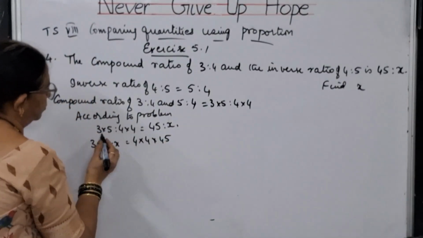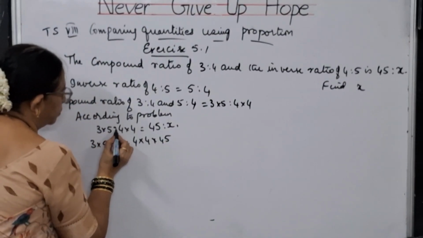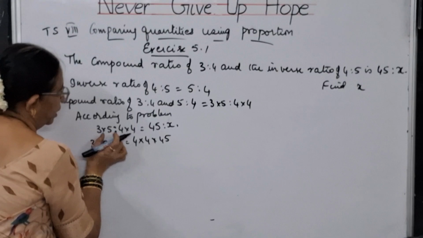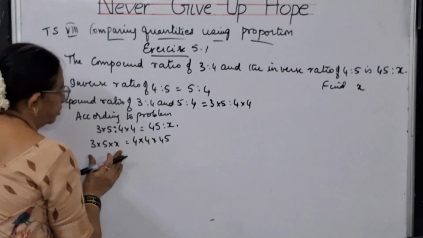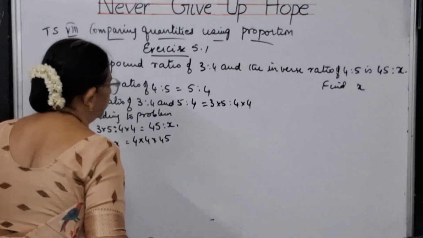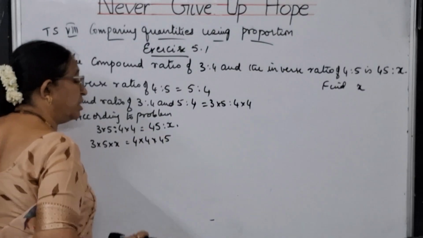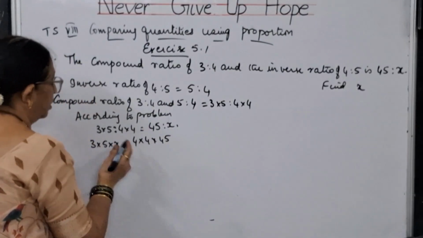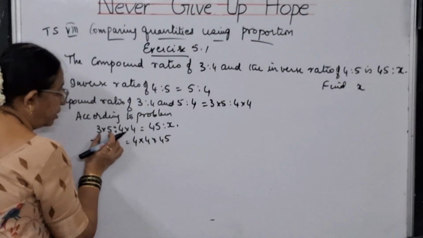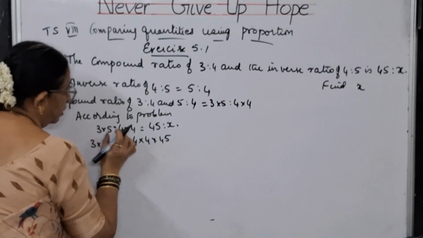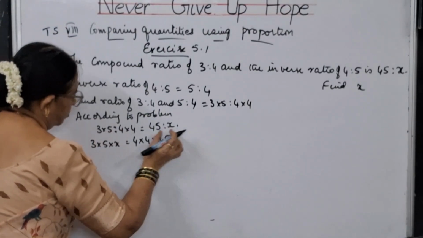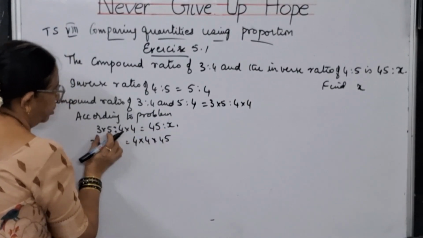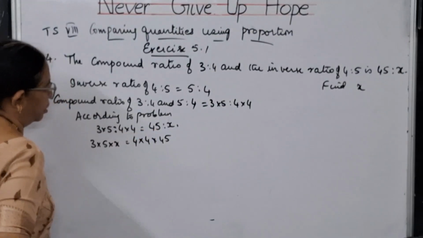I hope I am clear, children. Don't get confused. This is the ratio. This is A, this is B. I am not multiplying and making it a single number because cancellation will be easy if you do it like this. So 3 into 5 is one ratio, antecedent. This is extreme, extreme. Product of extremes is equal to product of means.